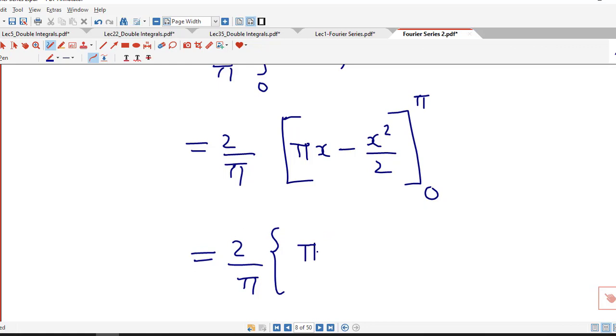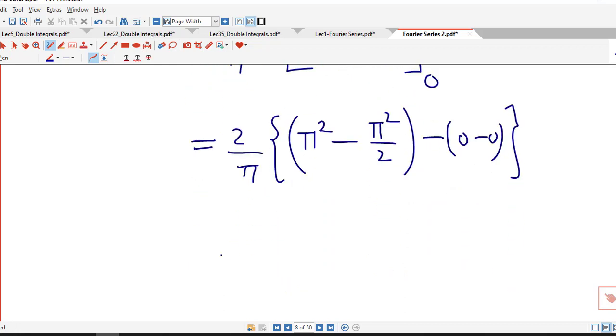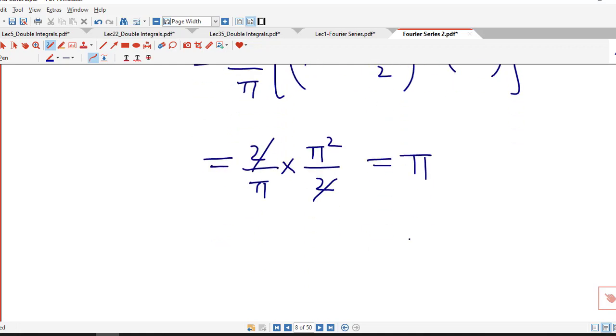When x is pi, we have pi square, pi into pi is pi square, and here pi square by 2, minus the value at x equal to 0. So here pi square minus pi square by 2, that is pi square common, 1 minus 1 by 2 is 1 by 2. So the 2 will cancel out and one pi will cancel out. So the coefficient a0 is pi.